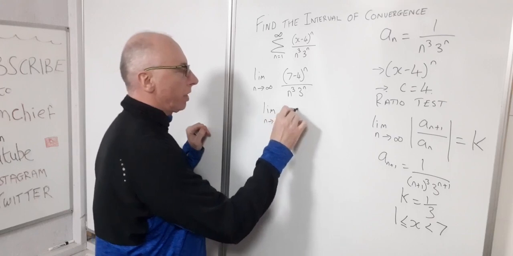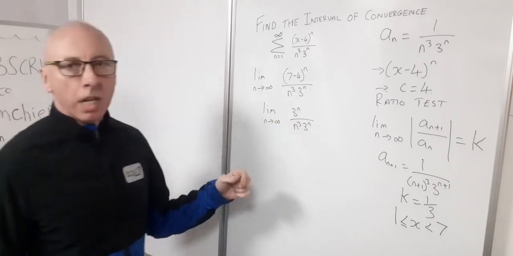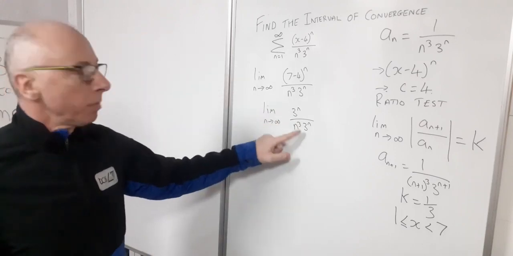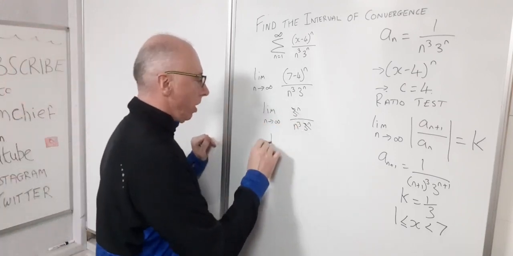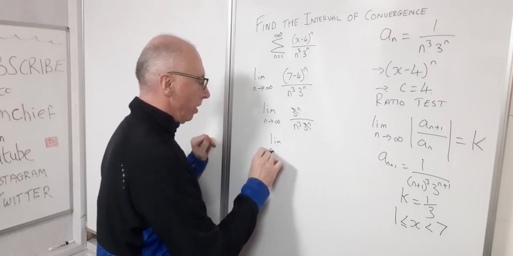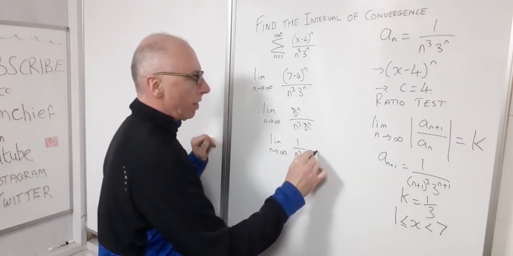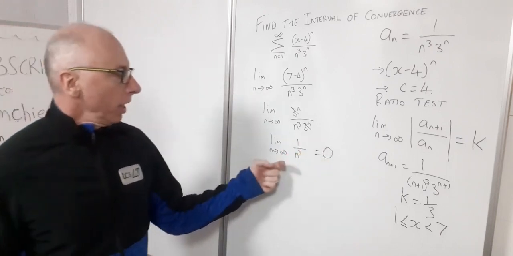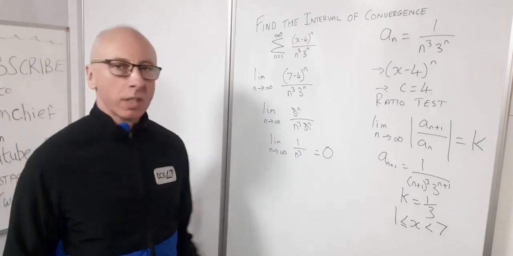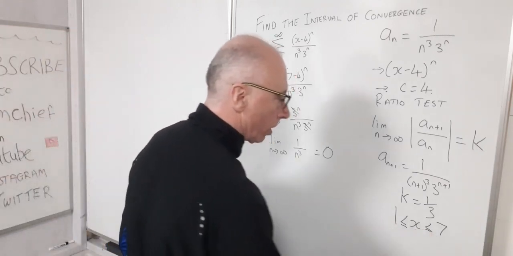So then we've got 3 to the n divided by n cubed 3 to the n. And this is not an alternating series, but the 3 to the n's can still cancel out, leaving us with 1 over n cubed. So the limit as n approaches infinity of 1 over n cubed is also 0. So therefore we can include the point where x equals 7 in our interval of convergence.